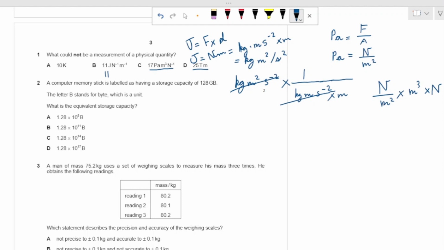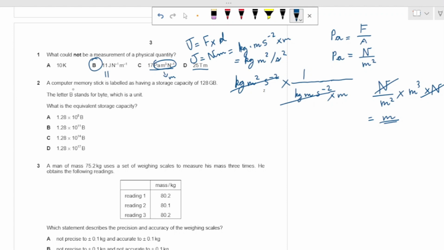So these and these cancel out. By the way, this Newton is in the numerator. This and this Newton cancel out. 3 minus 2, you will get meter as your final unit, which means this entire unit over here simplifies to meters. Therefore, option C is also correct. So the one which we find wrong is the option B over here.